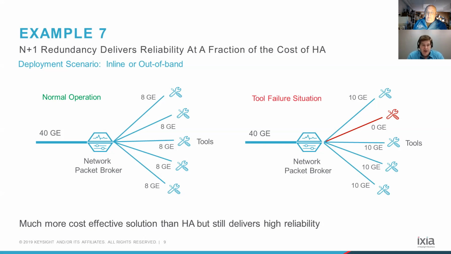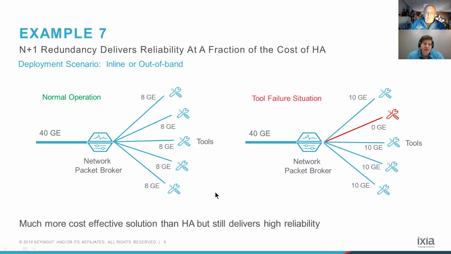This one could be inline or out of band. It's very common for inline, and I think we talked about this in our last podcast, where you can use the packet broker for load balancing. On the left side here, I show 40 gig input coming in, and then 5 8-gig tools. So there's your 40 gigs on the right-hand side.